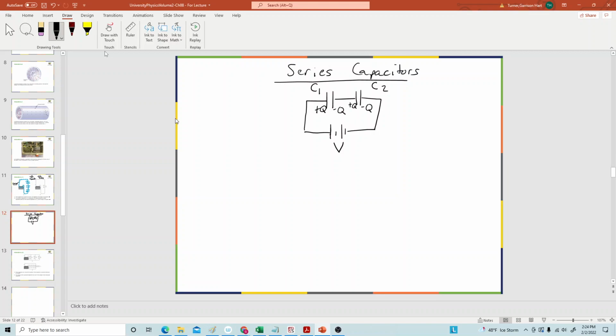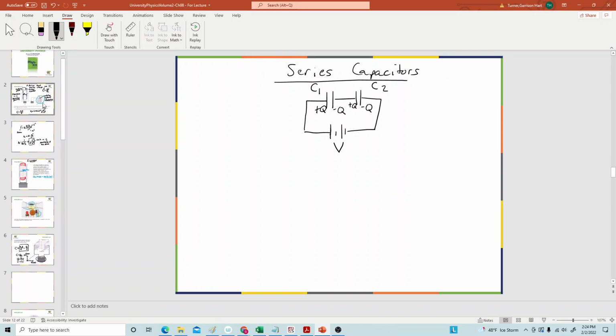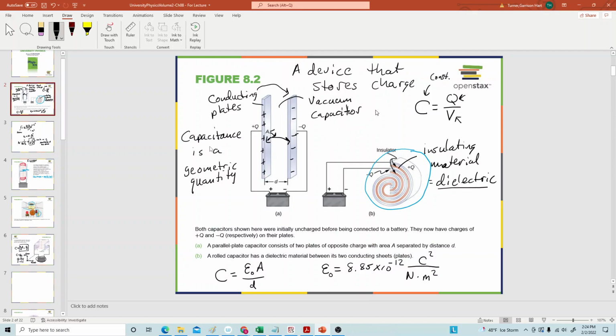And I should have specified something from the beginning. In this formula, C is equal to Q over V, Q is the magnitude of the charges on one of the plates. Not the total plus Q magnitude plus the negative Q magnitude, but just the magnitude of the charge that was moved.